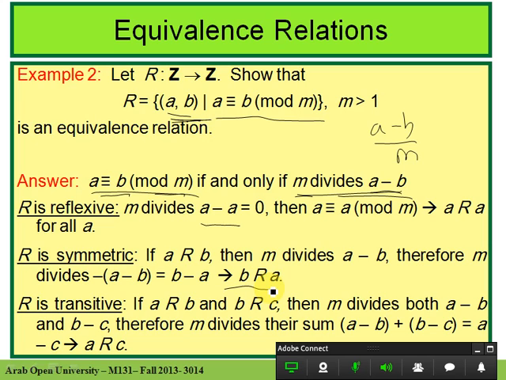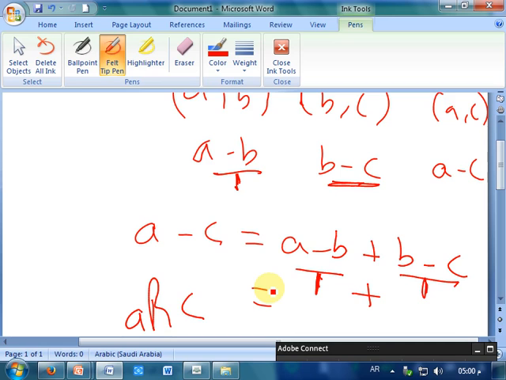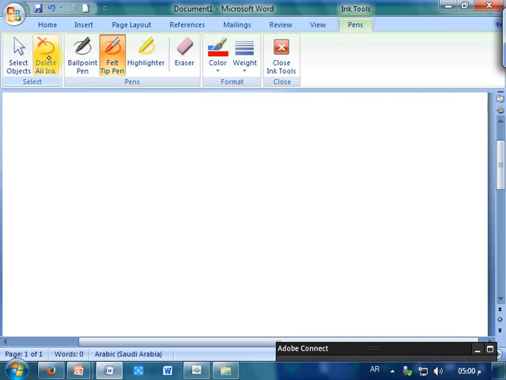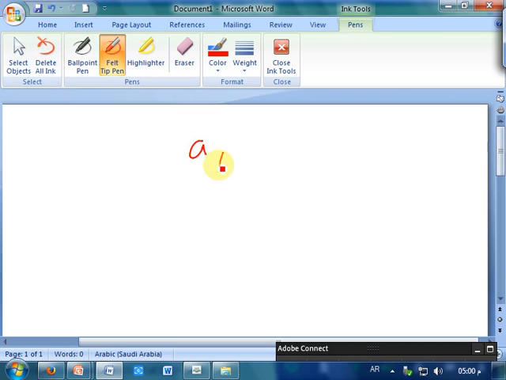All integers in this rule will come as symmetric and reflexive. We'll check for transitive. Transitive says that if there is (a, b) and (b, c), then it should be (a, c).